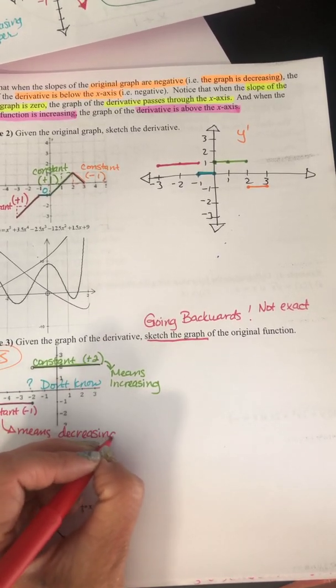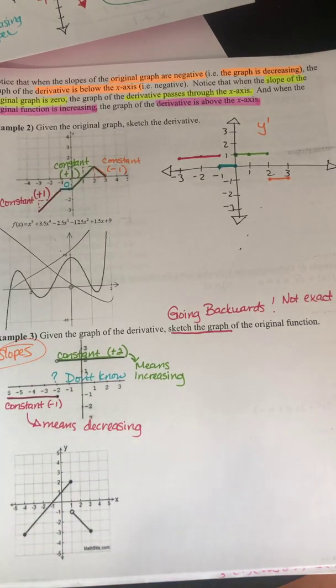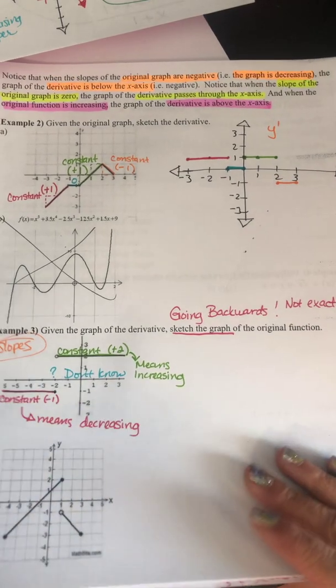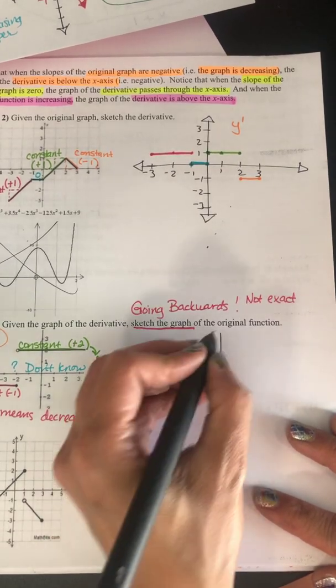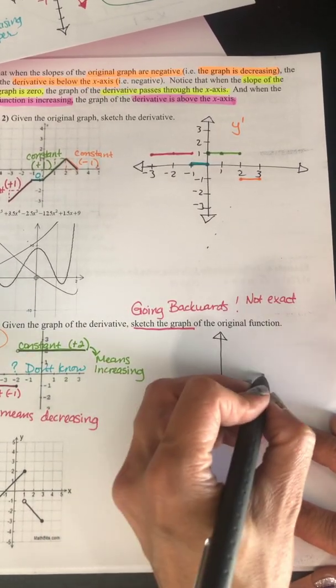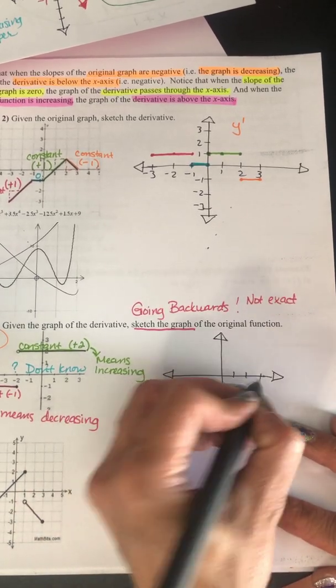Because the tangent line slope is negative, it means it's a decreasing line. Okay, so we're going to give our best little guess here of the sketch of the original function. Just setting it up.